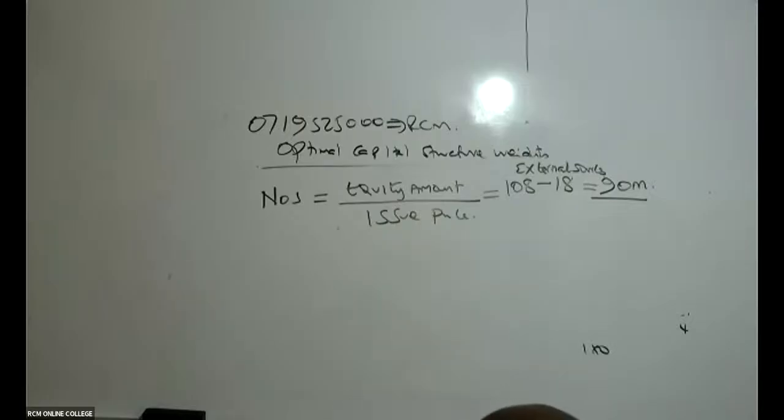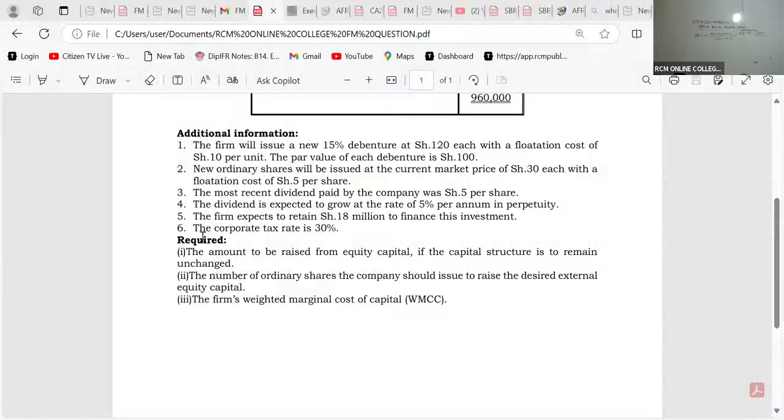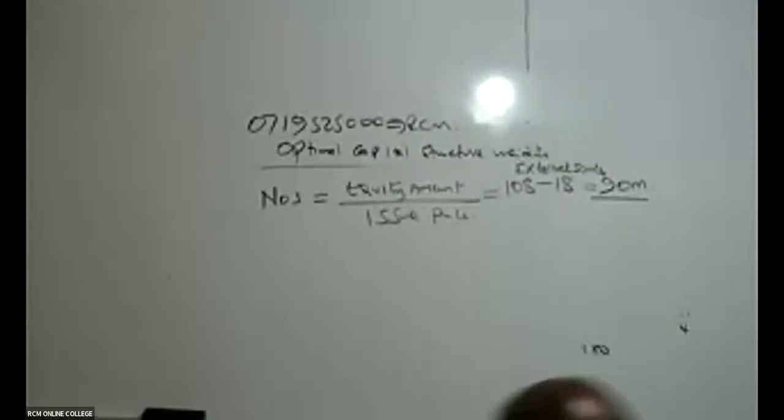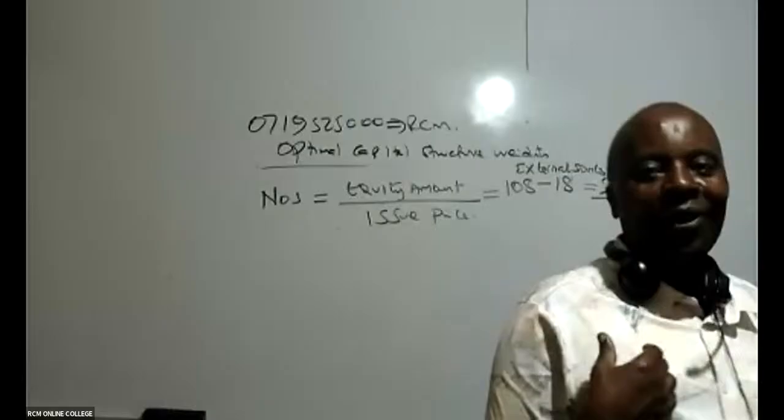So remember what they have told us in this question. Look at note number 2. New ordinary shares will be sold at the current market price of 30 each with a flotation cost of 5. So it is not the whole 30 which will be hitting our accounts.